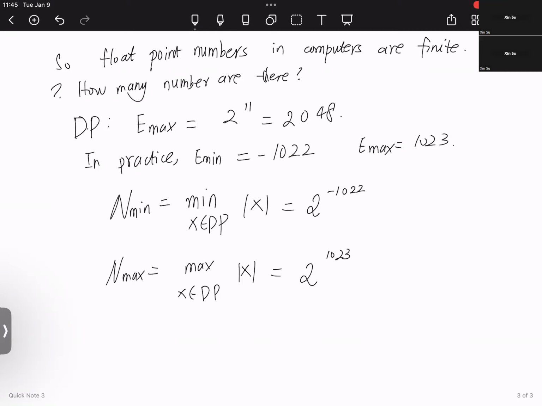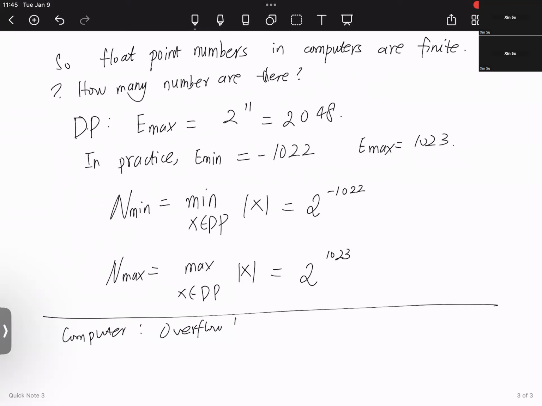But what we know is that the computer only has finite numbers. We only have the maximum number here, and then we have the minimum number here. So what would happen if the numbers are really big? Sometimes you are doing the computations, and then the computer would tell you "overflow."